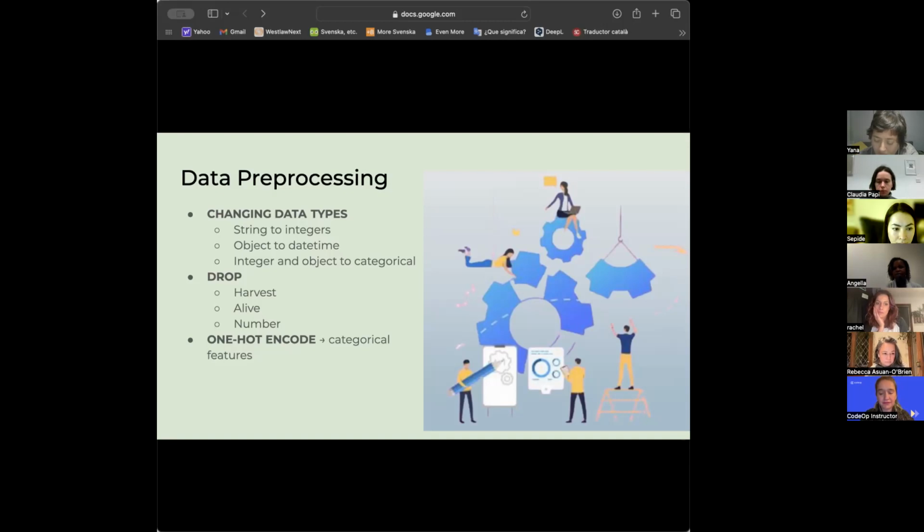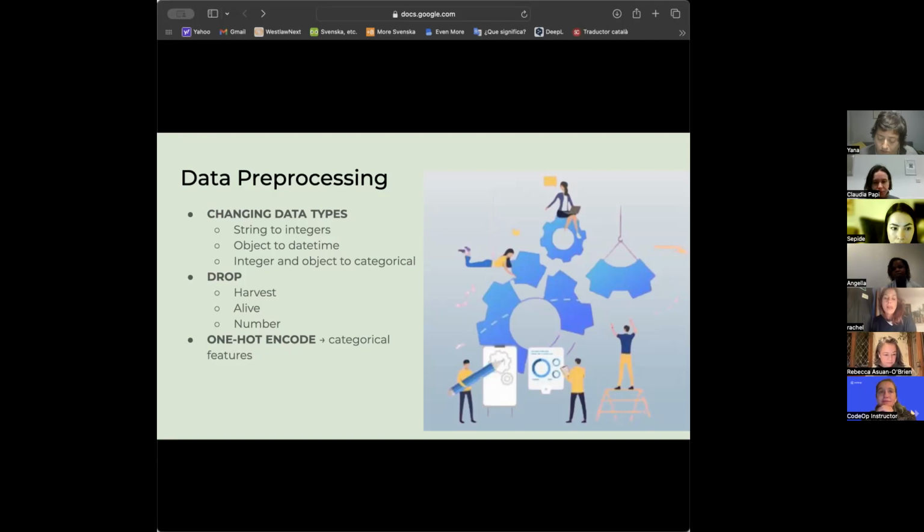We had tried machine learning with all the different features that had been provided, including the harvest and the live columns, but we noted that the accuracy was really high. So we thought harvest and the live are leaking information to the machine learning model. So we decided to drop the columns for harvest and the live. Furthermore, the 2 columns also had a lot of missing data, so it made more justification for us to drop them.